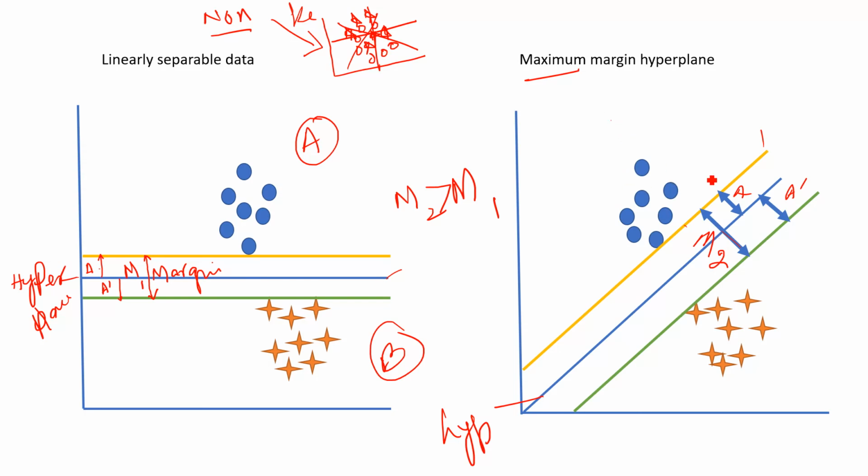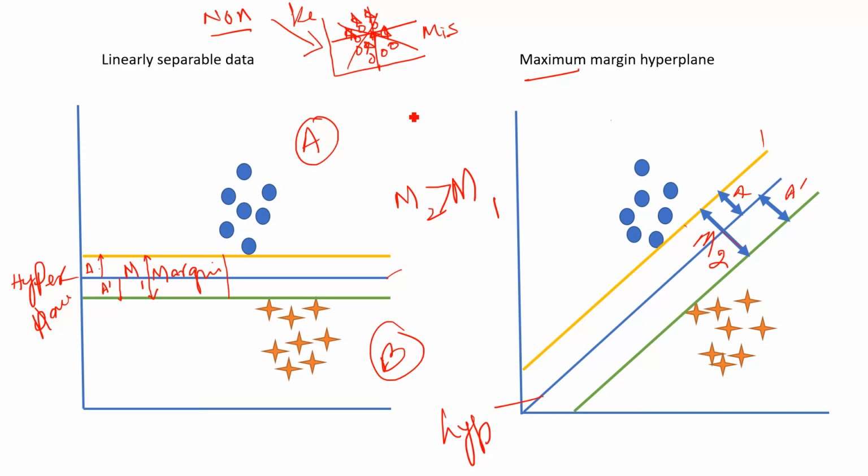There will be no misclassification. Here we have misclassification. So as the width is more, there are fewer chances of misclassification, our model will be accurate, our future prediction will be accurate, with fewer chances of errors. If the width is small, there are more chances of misclassification, more chances of error, and our model will be less accurate.